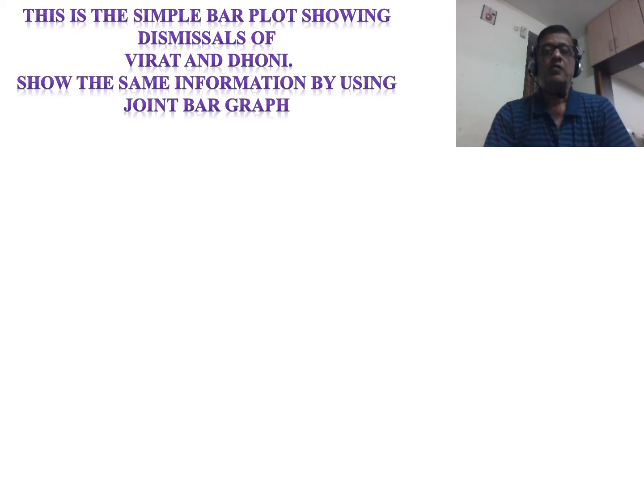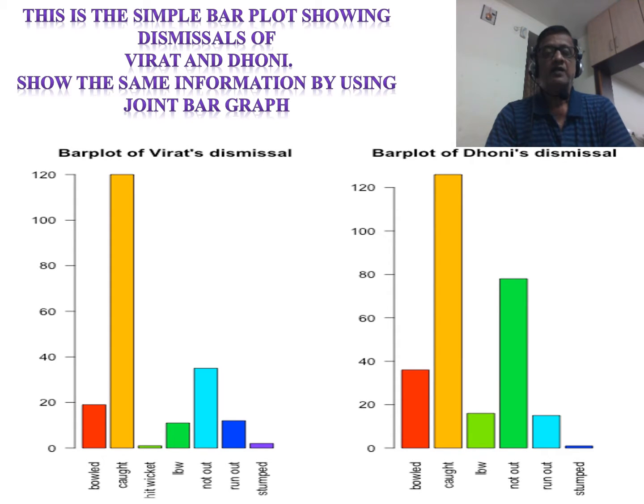This is the third problem for you. This is the simple bar plot showing dismissals of Virat and Dhoni. Show the same information by using a joint bar graph. At the beginning, observe these graphs, collect the information correctly, draw the proper table, and show this information using a joint bar graph.